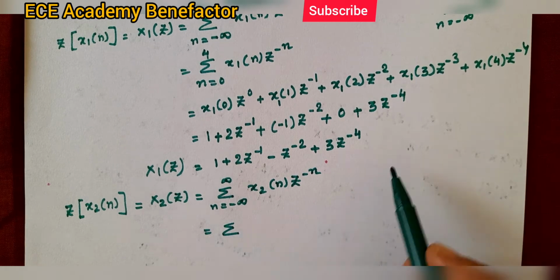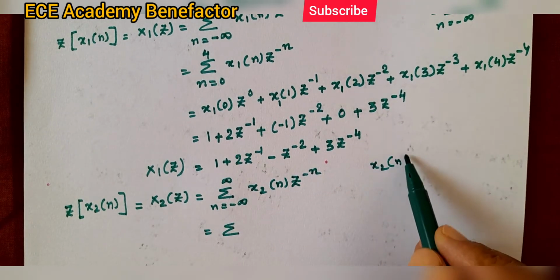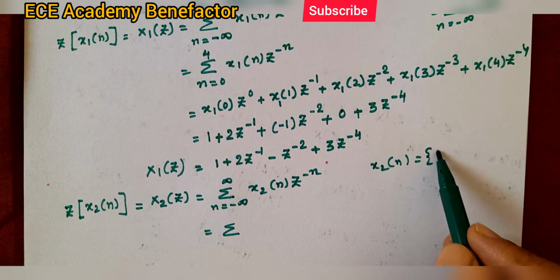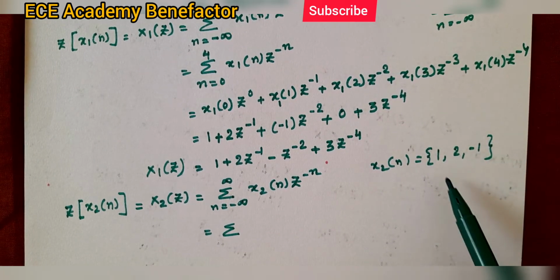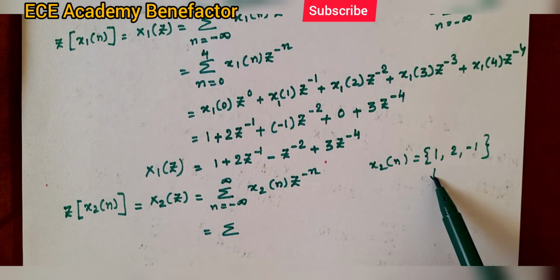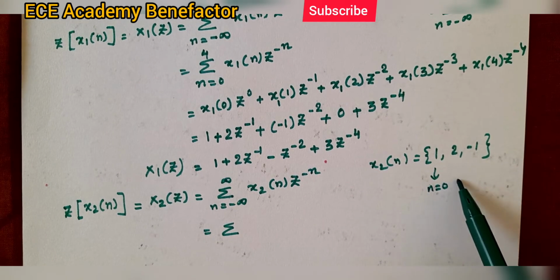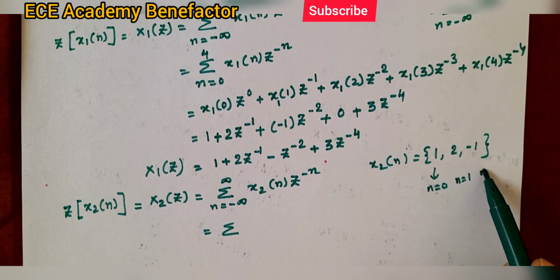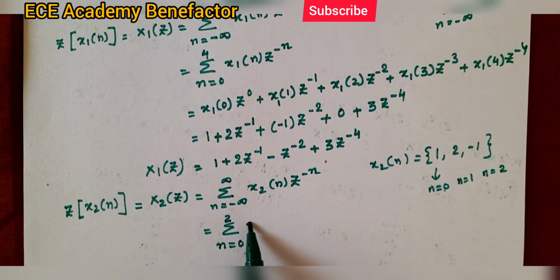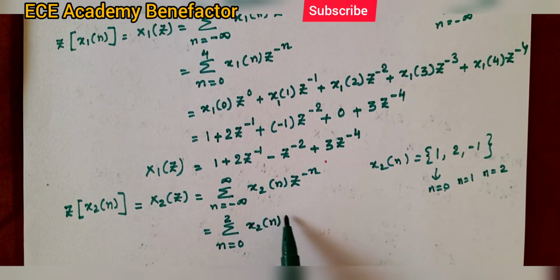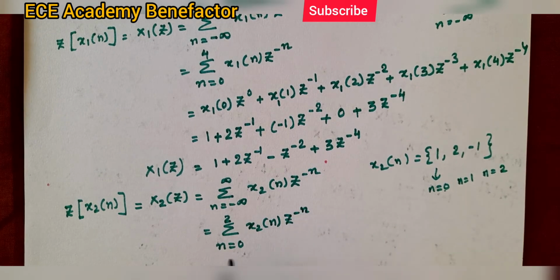Summation, what is x2 of n given as? It is given as 1, 2, minus 1. As there is no arrow, we take this first one as n is equal to 0, then n is equal to 1, n is equal to 2. So here n will range from 0 to 2, summation of x2 of n z to the power of minus n.